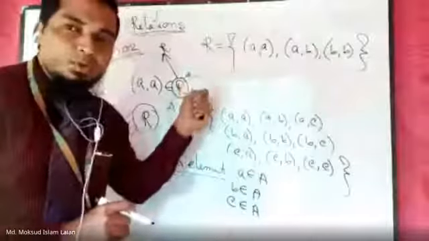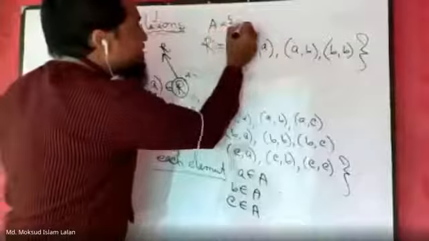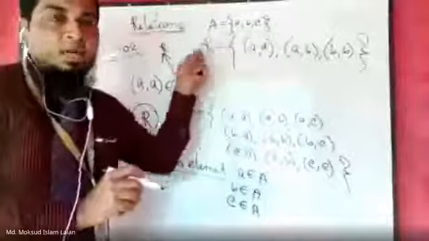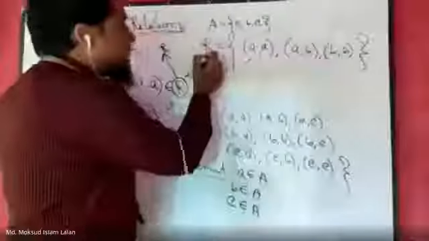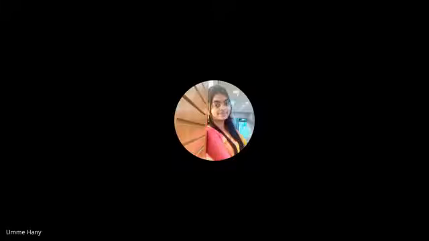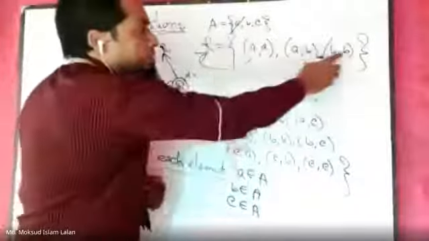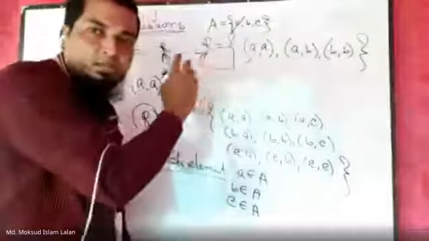That is good. What is the set? The original set was {a, b, c}, right? So (a, a) belongs in R. (a, a) done. Now (b, b) belongs in R, that is done, right?